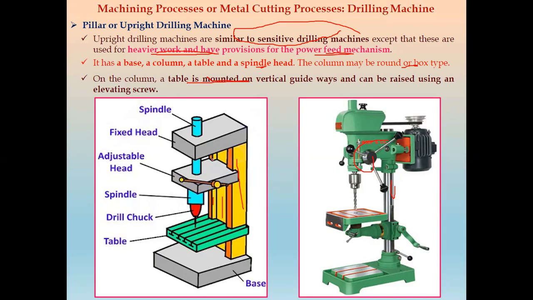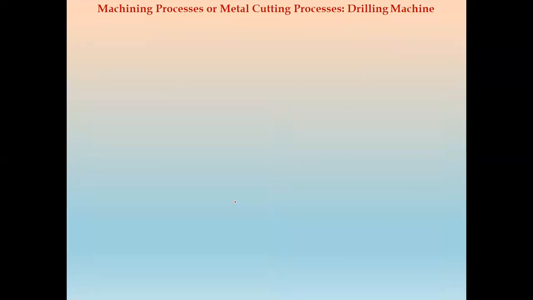So here, if you see in this figure, these are the column and vertical guide ways, and the table can be moved along these guide ways, raised or lowered by using the elevating screw. So by this we can raise and lower the work table. This is called the pillar or upright drilling machine.